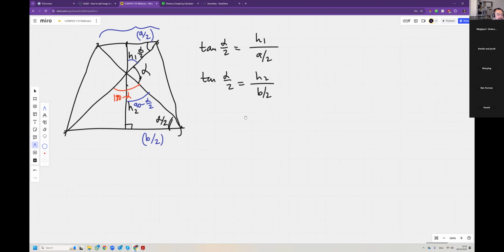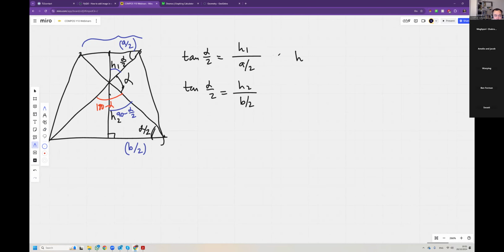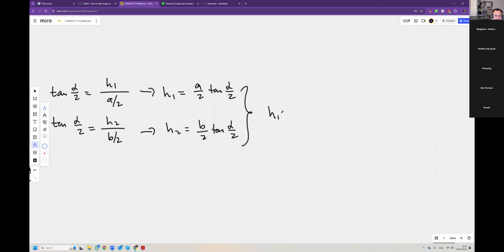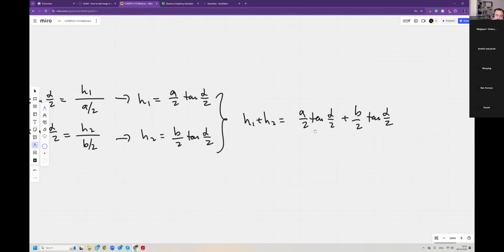And now I express H1 and H2. So H1 is A over 2 tan alpha over 2. And H2 is B over 2 tan alpha over 2. Together, they make H1 plus H2, which is A over 2 tan alpha over 2 plus B over 2 tan alpha over 2.